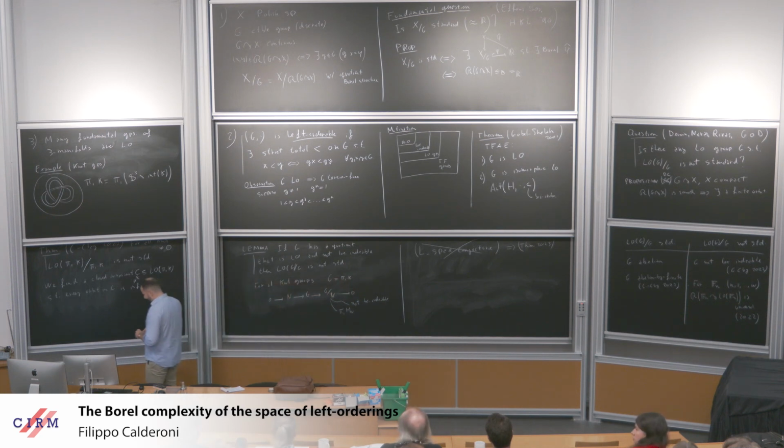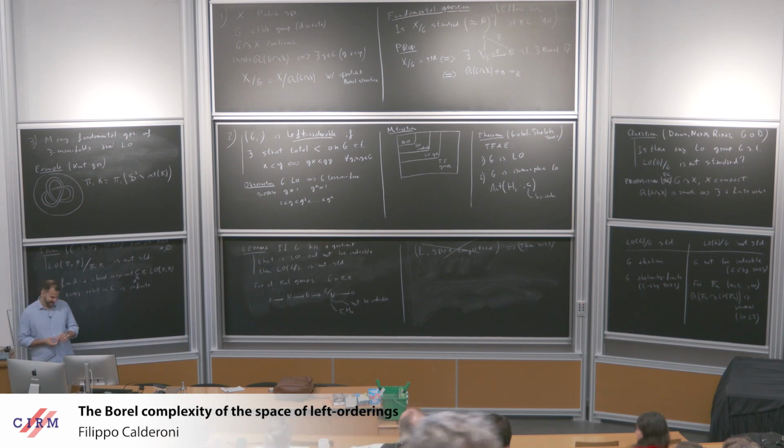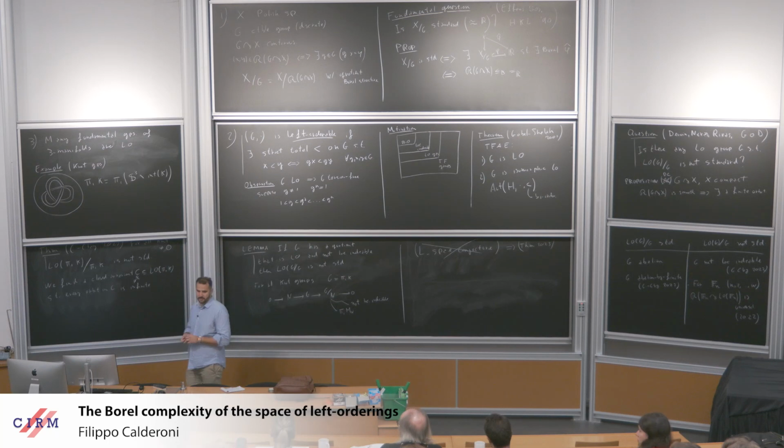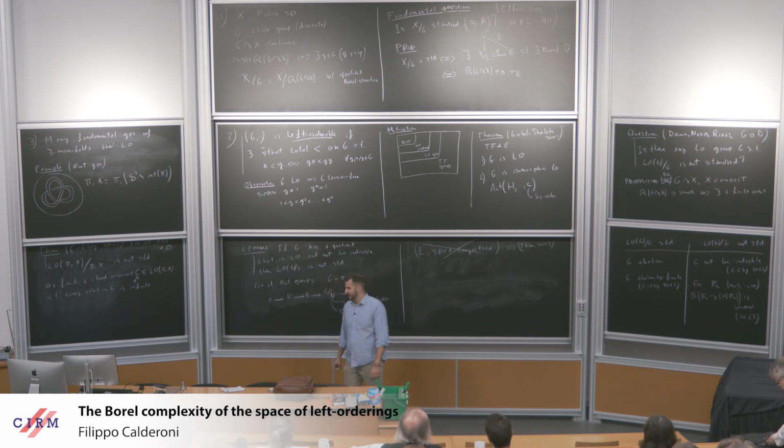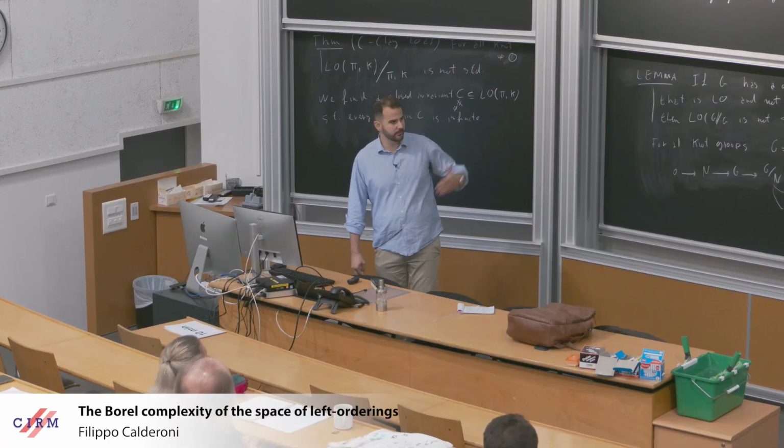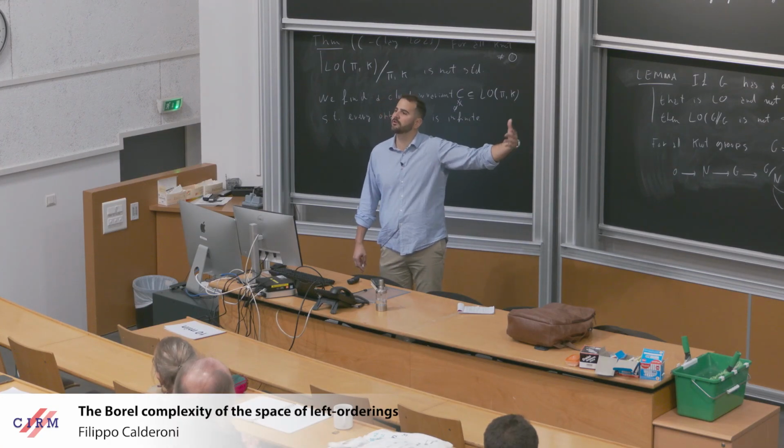I would have assumed that they had lots of examples where they knew the quotient was standard, and it doesn't seem like that. Yeah, so I don't know, but I've talked to Cristobal Rivas. He told me that it was Navas who asked that question. And what you're saying is basically true. It seems that they didn't know this arsenal of tools to attack their question.